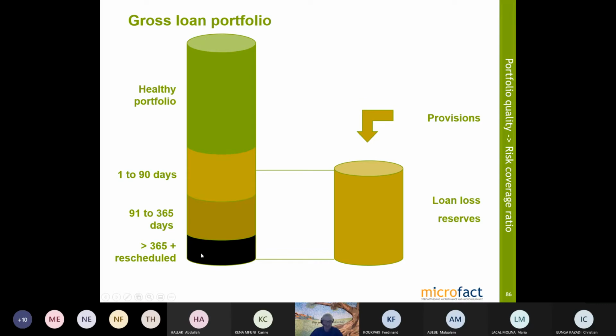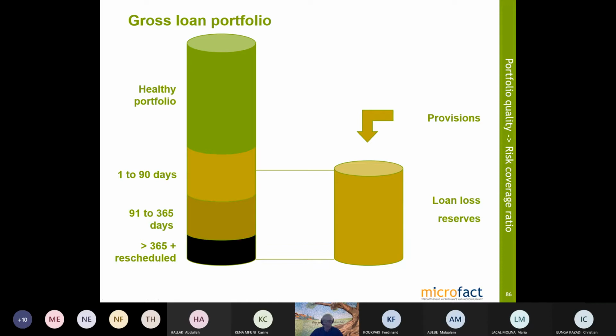It's not lost yet. It's still in my books. It's still on my balance sheet, but I'm preparing myself for potential losses, and I've created at least loan loss reserves that do cover this part. Actually, they also cover potential losses for all clients that haven't shown up in my office for more than 3 months, and even a little bit more. So this barrel is quite well filled.